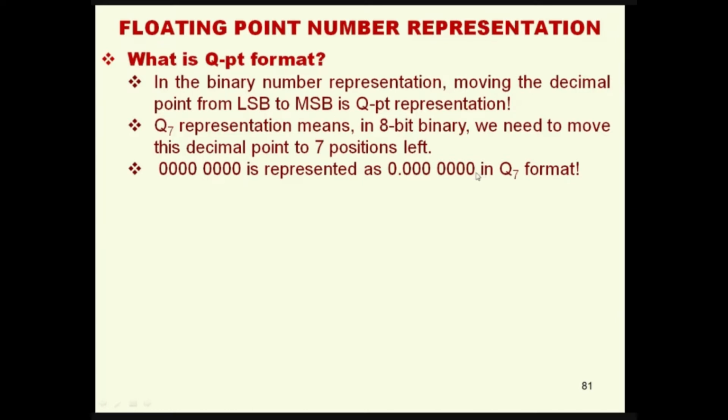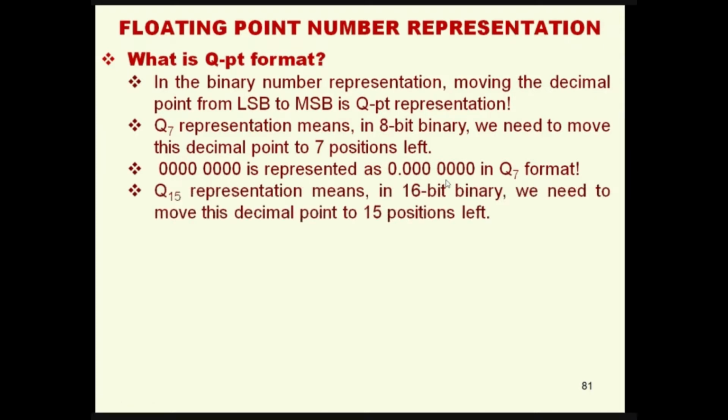When you are shifting the decimal point from LSB towards MSB, say 1, 2, 3, 4, 5, 6, 7, that is 7 positions, hence it is called Q7 representation. Hence you can say that the binary numbers are represented in Q7 format.